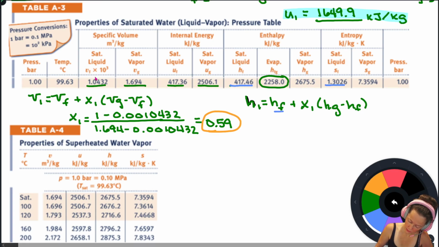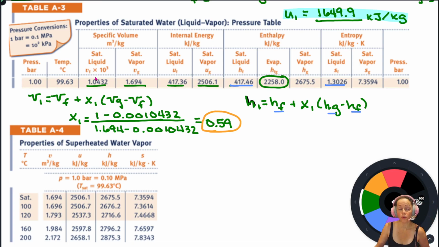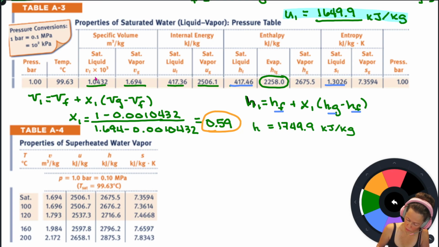Those are the numbers that I would plug in, or you could use that H sub FG if you want to. You should get approximately the same thing. So I end up getting 1749.9 kilojoules per kilogram. So there's our H1.